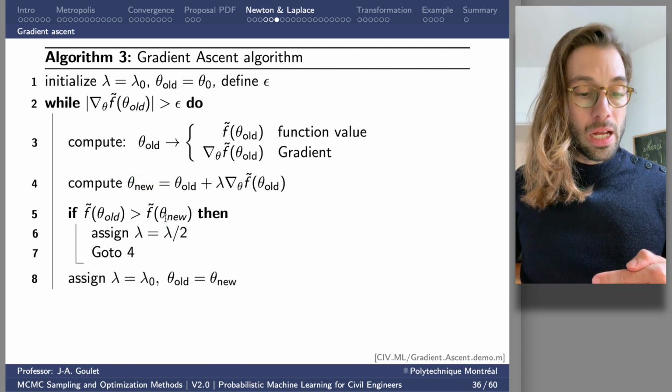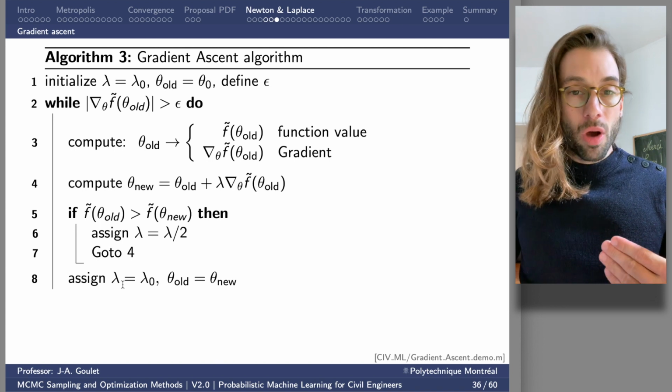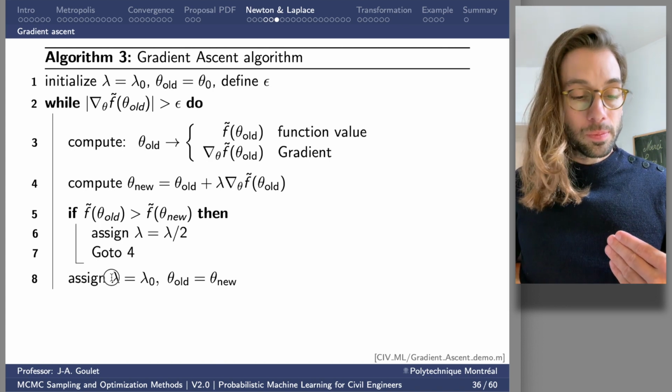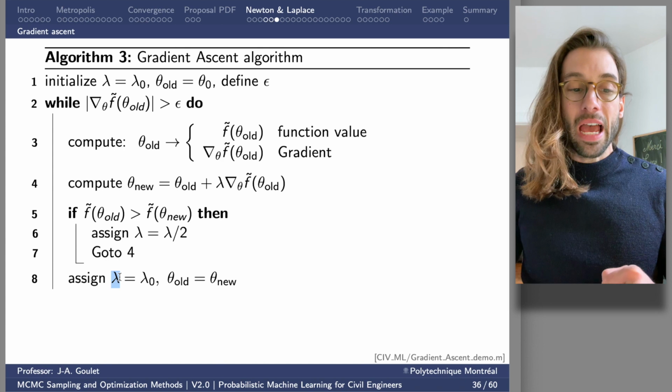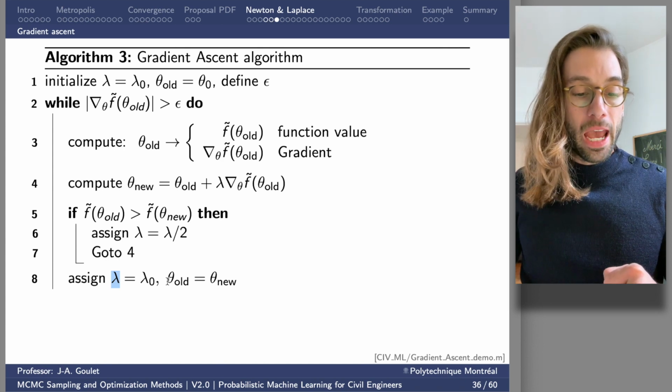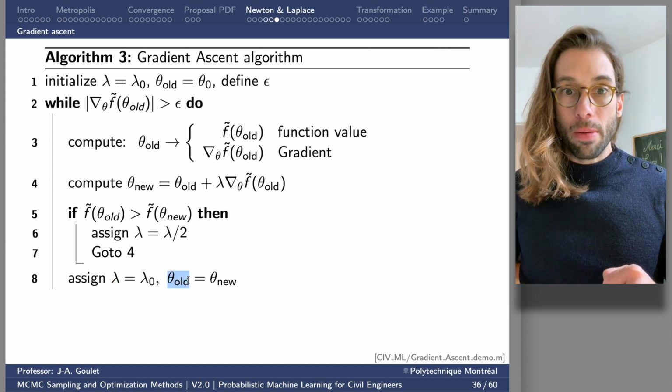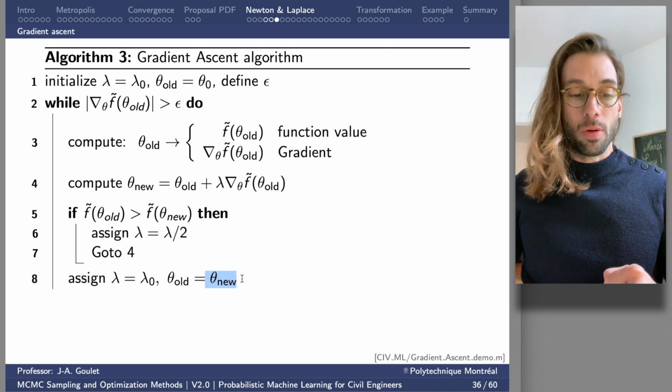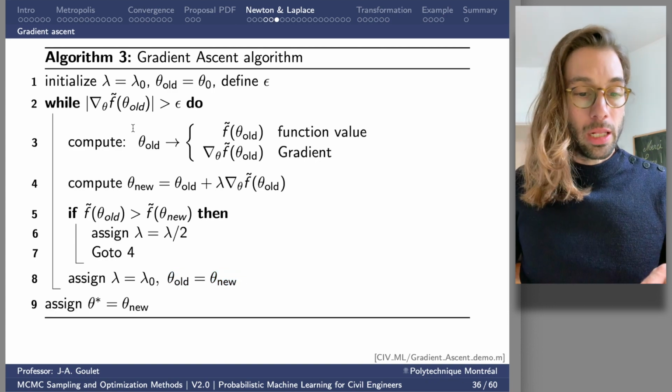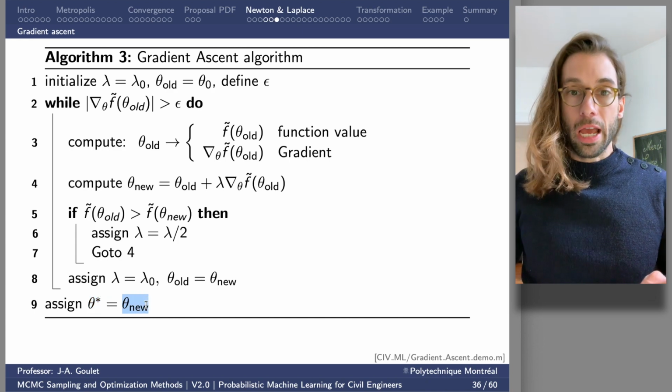So until this is satisfied, I carry on. And once this is satisfied, I reinitialize my lambda as my initial 1, and my current parameter value is going to be the new one that was proposed. I'm going to keep doing this until I converge, and then my optimal parameter value is the last one I obtain.